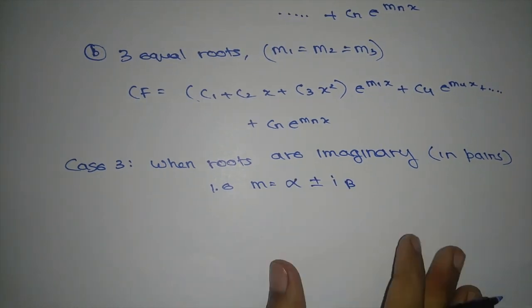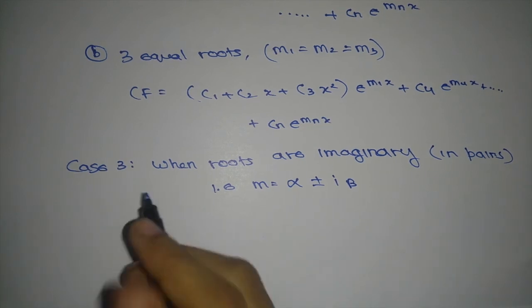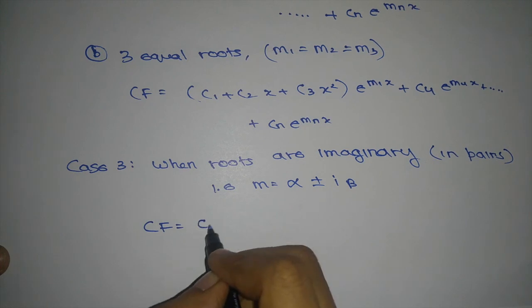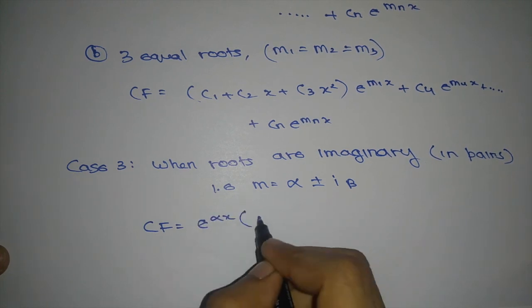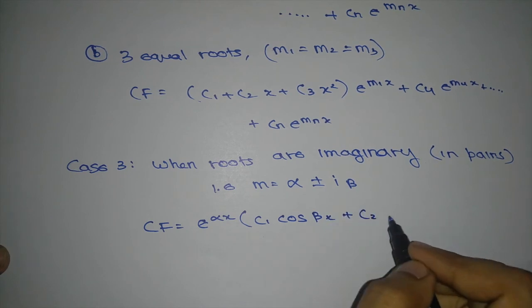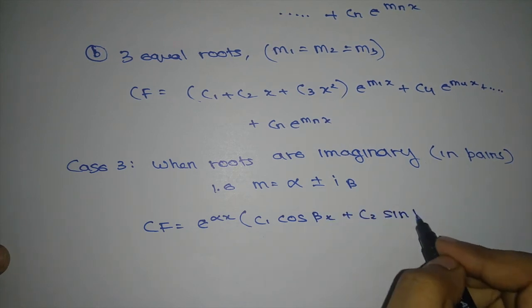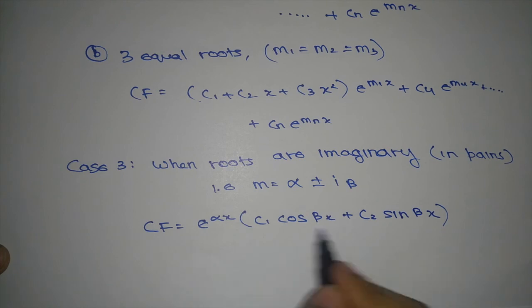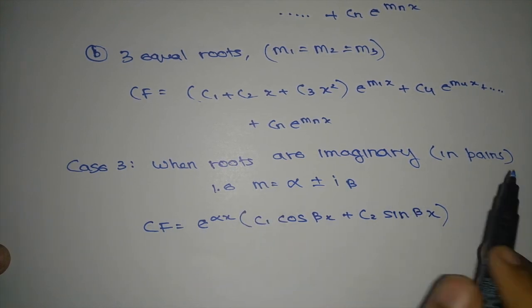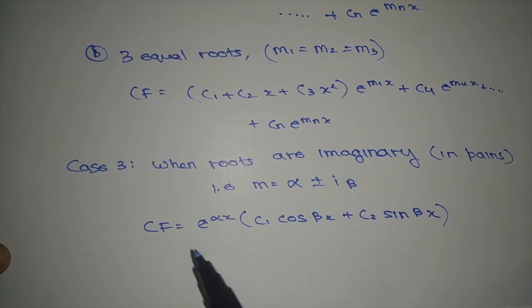So when we are getting an imaginary root, our CF would be e to the power alpha x, C1 cos beta x plus C2 sin beta x. This is our complementary function for when the roots are imaginary in pair.